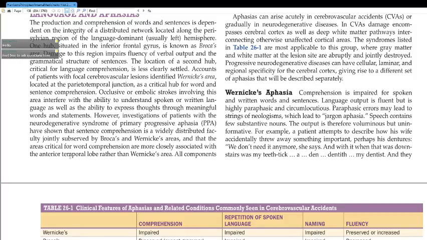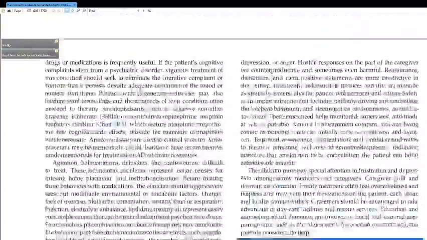They are more associated with the anterior temporal lobe than Wernicke's.